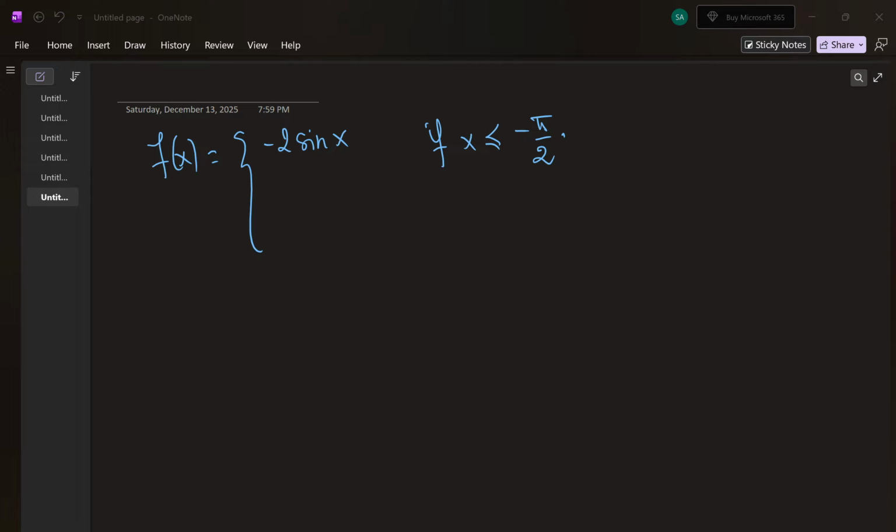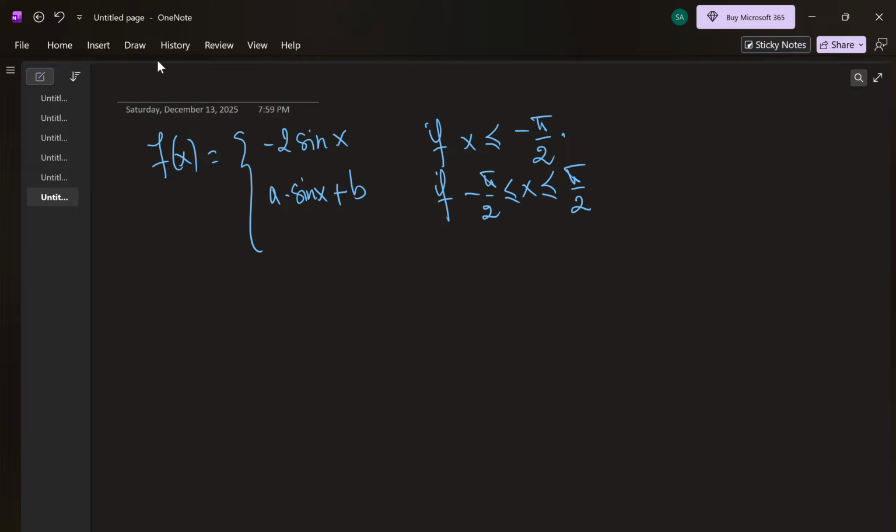Next, a times sine x plus b, if x is between these two values, minus p over 2 and p over 2, strictly less and strictly bigger, and it is equal to cosine x if x is greater than or equal to p over 2.